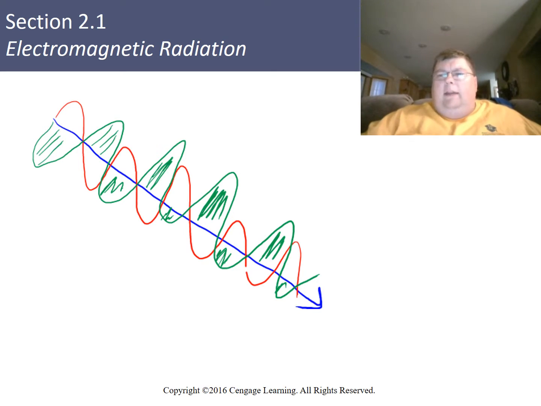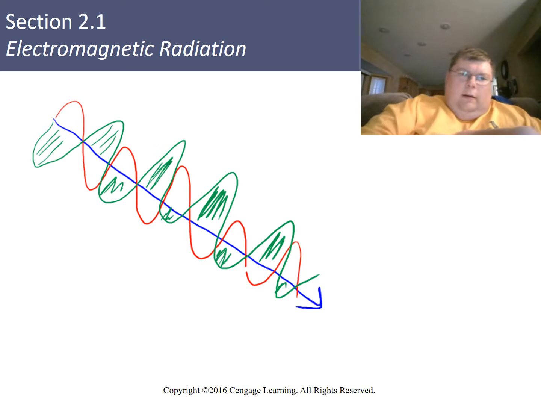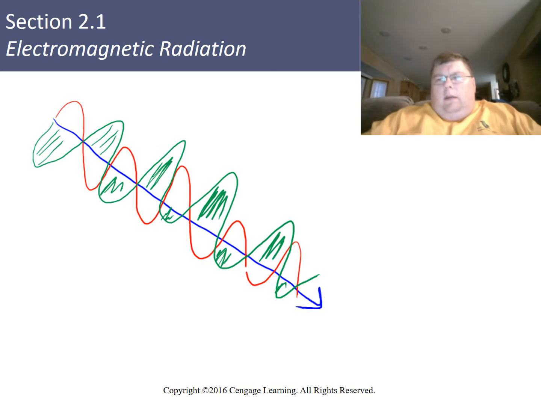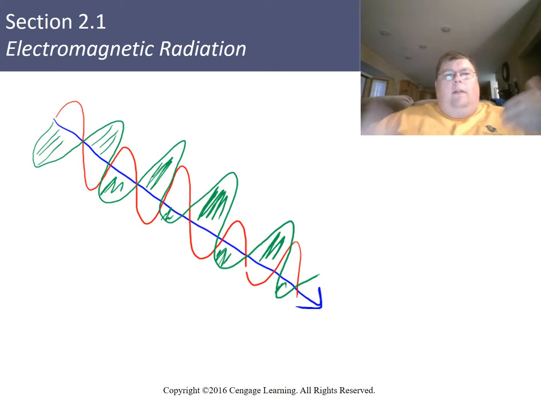So the electric field is going to look like a sine wave traveling in that direction. Now, the magnetic field, remember electricity and magnetism, two sides of the same coin. The magnetic field is going to travel, but it's not going to be in the same plane as the electric field.